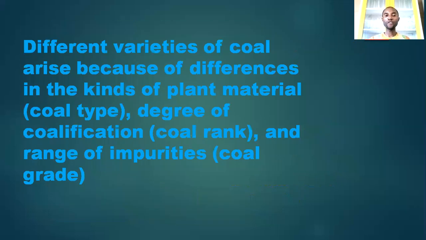Now, different varieties of coal arise because of what? Differences in the kind of plant materials. We have so many plants and trees that die, and when they die, their decaying ability and what they change into are not the same.